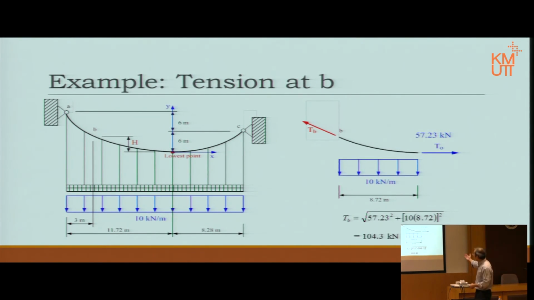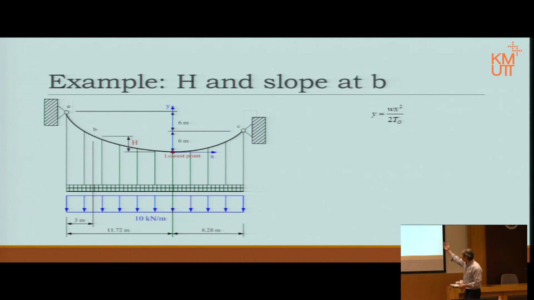Question number 2 asks, what is the height h? Emphasize the fact that the x, y in this equation is in fact the coordinate of the point on the cable. So for point B, we know x because we already measured 8.72 from origin to B, but it's minus, it's backwards.